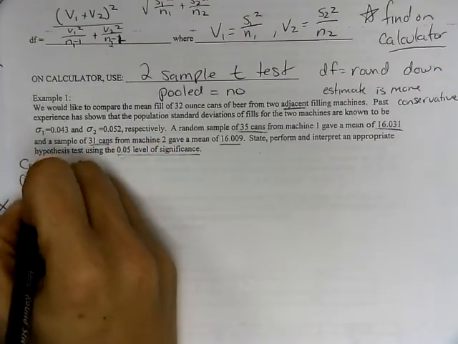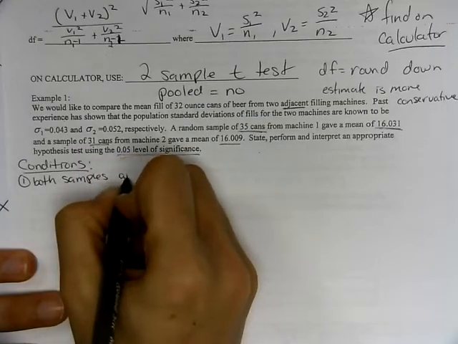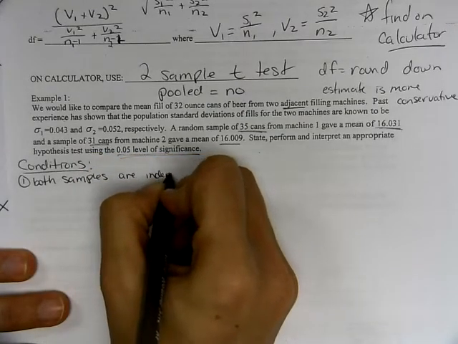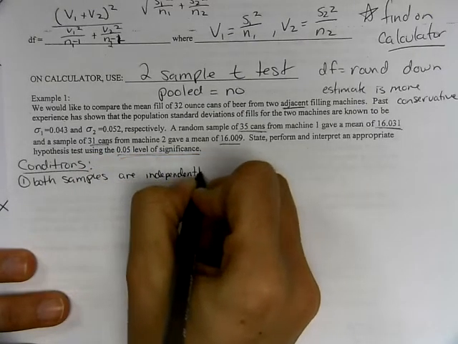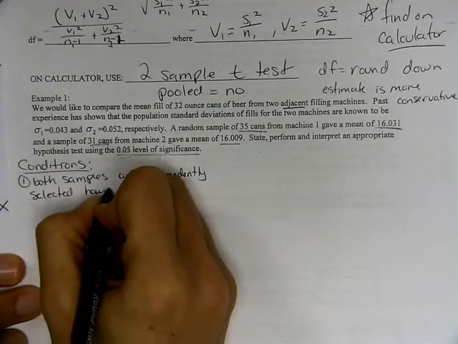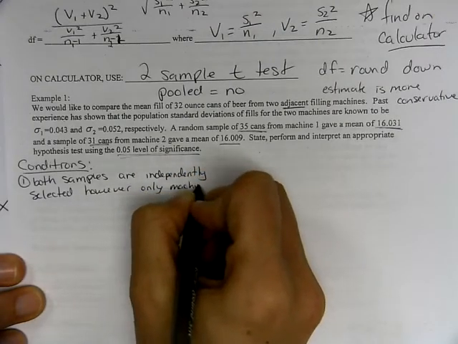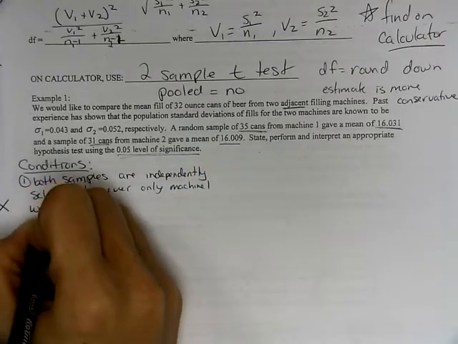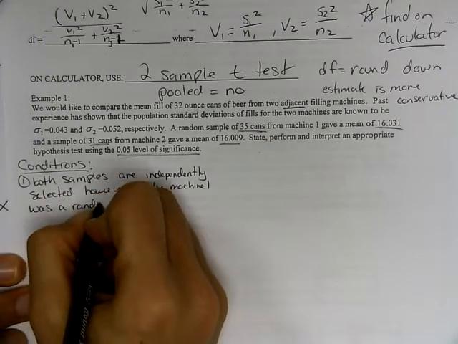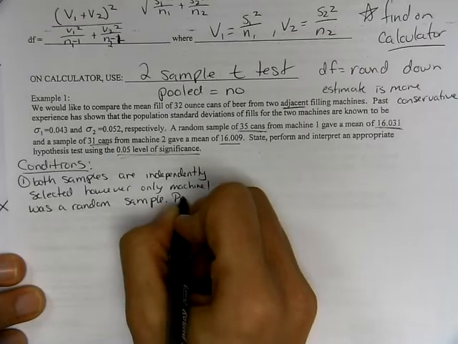So we can say both samples are independently selected. However, only machine 1 was a random sample. Proceed with caution.